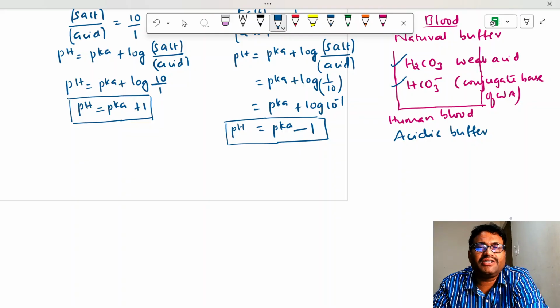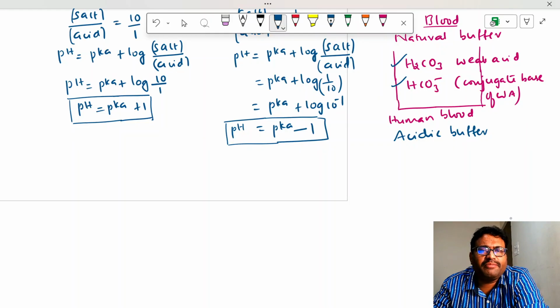In our blood, there is a mixture of H2CO3 and HCO3 minus. They act as the acidic buffer. The property of a buffer solution is to resist the change in pH. We eat acidic foods, we eat basic foods, we drink water, whatever we do, our blood pH is not changing, because blood is acting as a natural buffer which resists the change in pH.